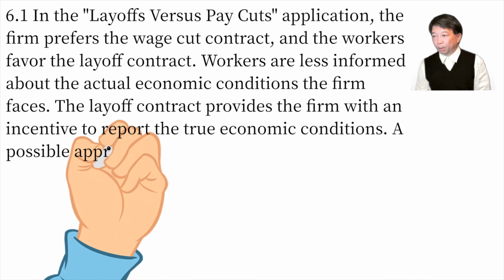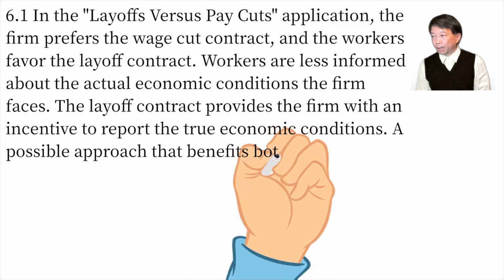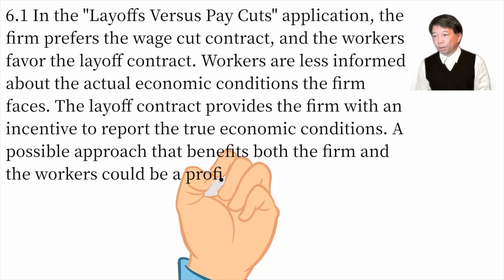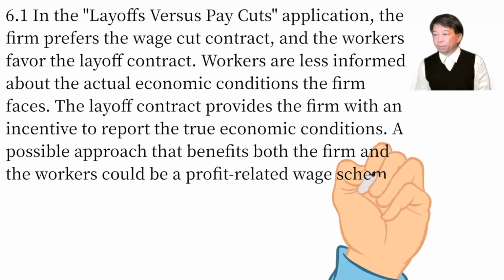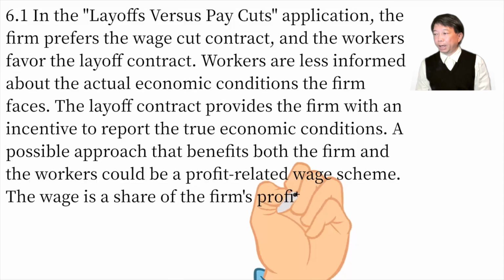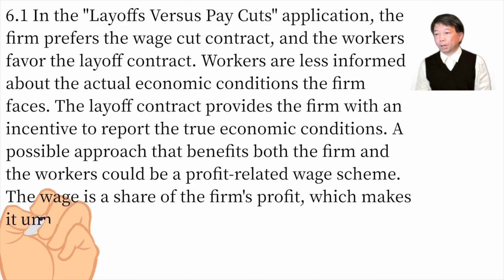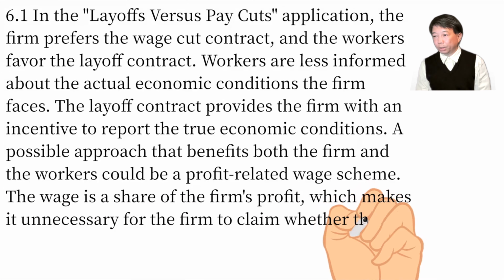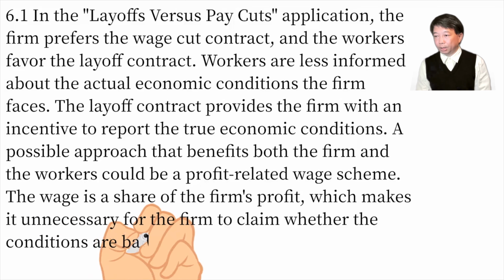A possible approach that benefits both the firm and the workers could be a profit-related wage scheme. The wage is a share of the firm's profit, which makes it unnecessary for the firm to claim whether the conditions are bad or good, but it requires the firm to reveal its profit honestly.